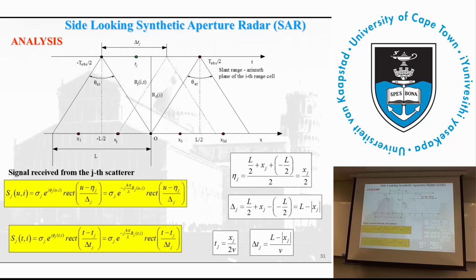And you can write it as L divided by 2 plus xj minus, and then you got this minus L divided by 2. So you basically can rewrite this as L minus the absolute value of xj, and this is true for both positive and negative.